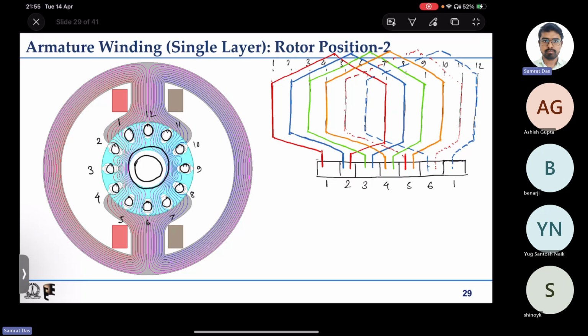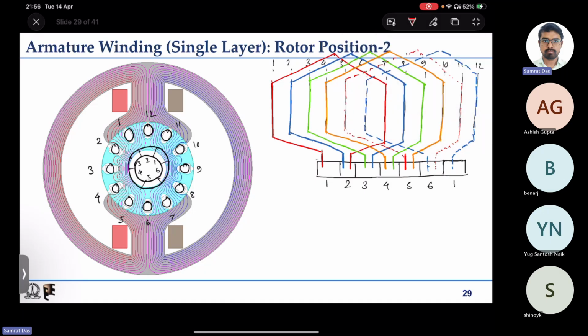So segment 1 will be somewhere, so we have 6 of them. These are the 6 segments. So this is segment 1, 2, 3, 4, 5, 6.